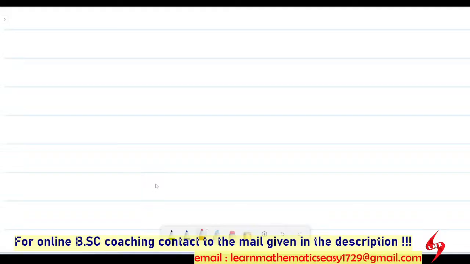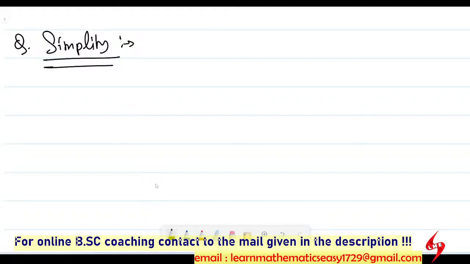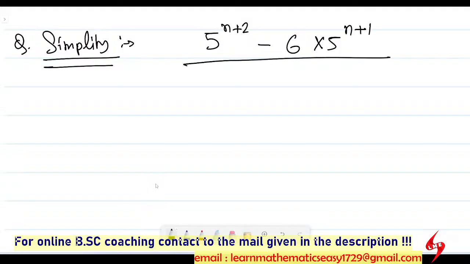Okay, next task is simplify this one. 5 to the power n plus 2 minus 6 into 5 to the power n plus 1, over 13 into 5 to the power n minus 2 into 5 to the power n plus 1.